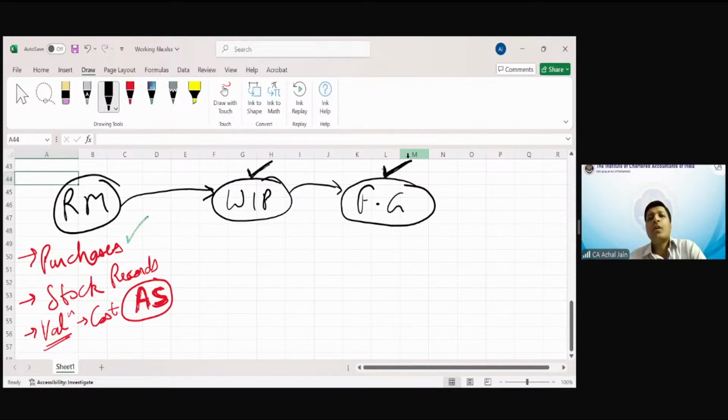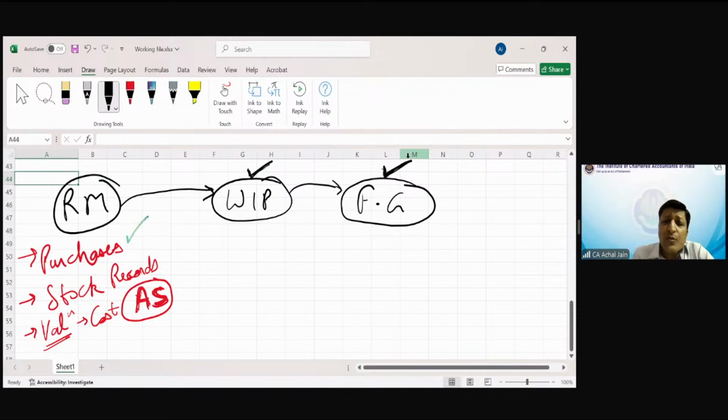Because inventory is all about value, correct? Because what does this inventory comprise of? Two things, quantity and rate. So quantity has already been verified physically. Rate is something which is yet to be verified, or you can say the cost.